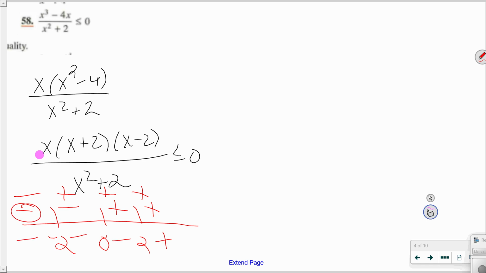So the denominator I don't need, it's all positive. So those are my answers. It's equal to at the numerator zeros, and it's less than here. So negative infinity to negative 2 closed, and 0 to 2 closed. I think that was the last one.